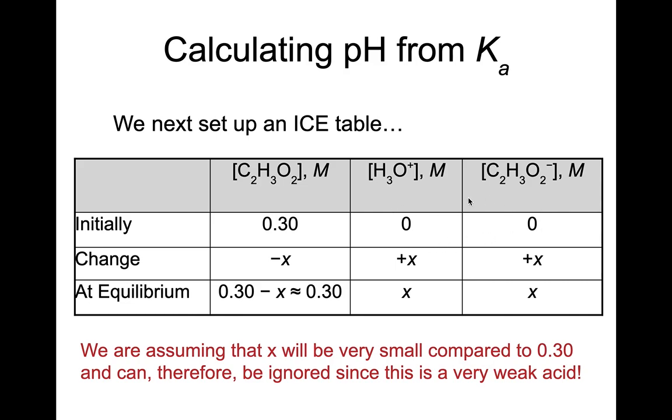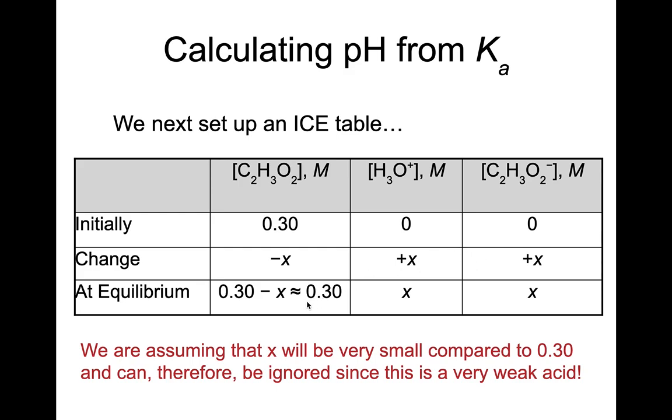They're going to be created as products later. And we are not sure yet how much our concentrations are changing by. So we will let that change be x. We will assume that this concentration goes down by some amount x, and as a result of the stoichiometry of our equation, these each go up by that amount x.